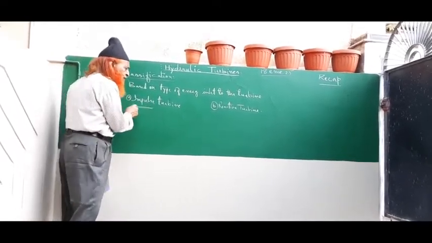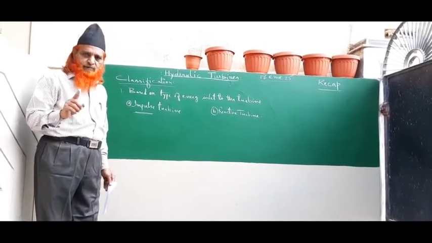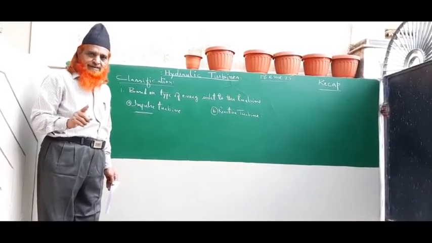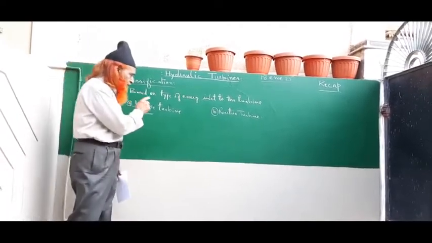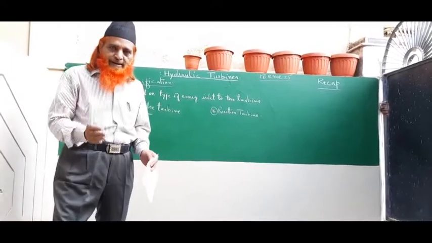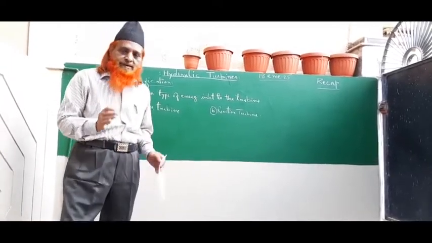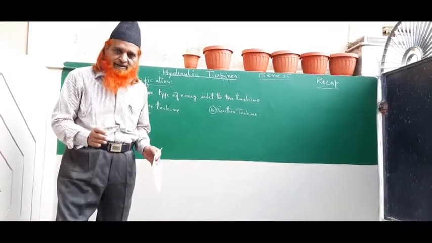Impulse means where the kinetic energy plays an important role. That means the velocity energy: the water entering the turbine is with higher velocity, and only that kinetic energy will be converted into mechanical energy. That is the impulse turbine.